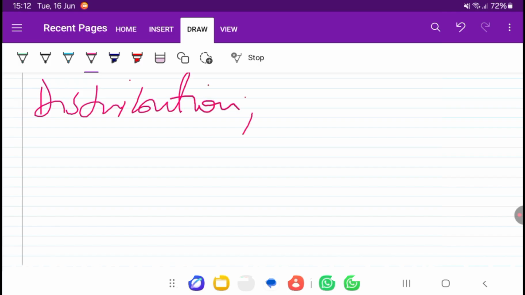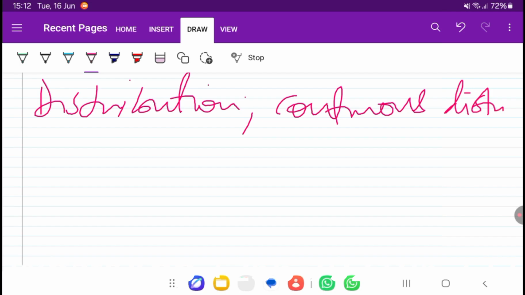The distribution, we said this one falls under a continuous distribution.